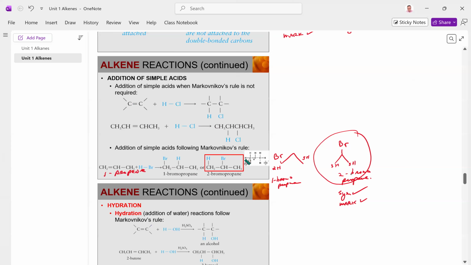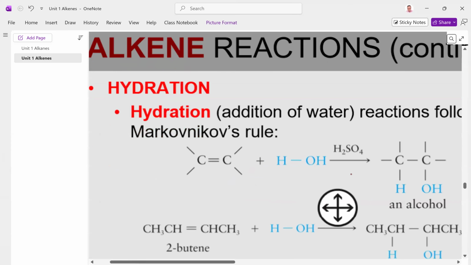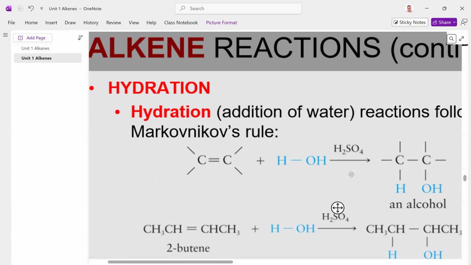Now, if we think of water, I'm going to go through one more reaction today. We're going to add water across the double bond. So when we think of water, I want you to think of it as H bond OH, like this here.